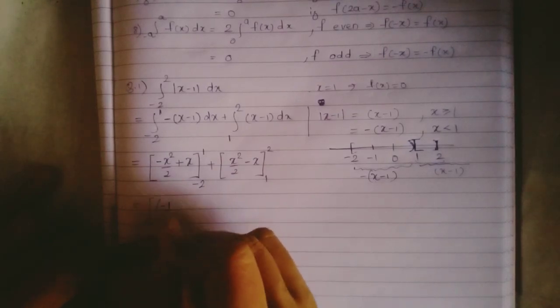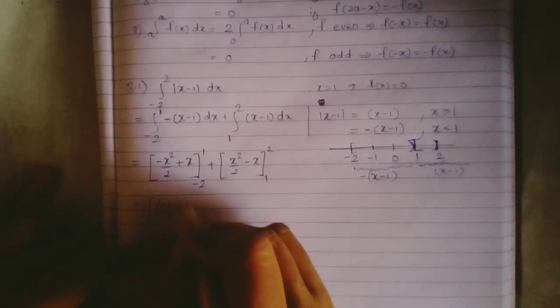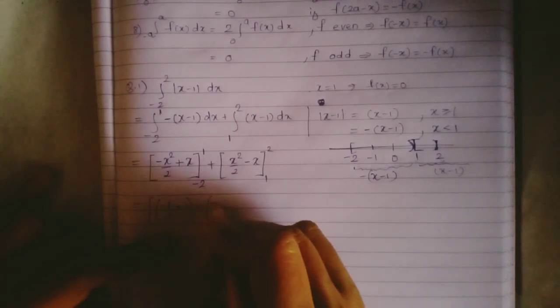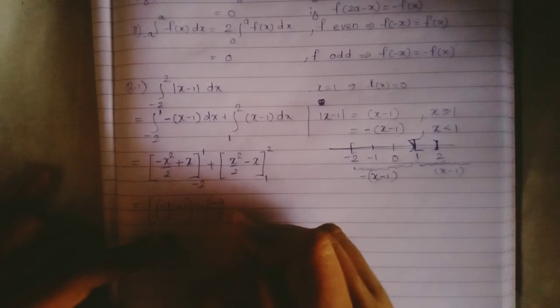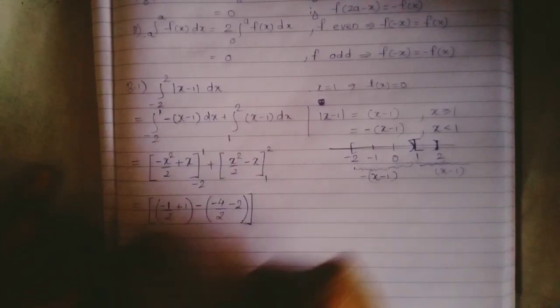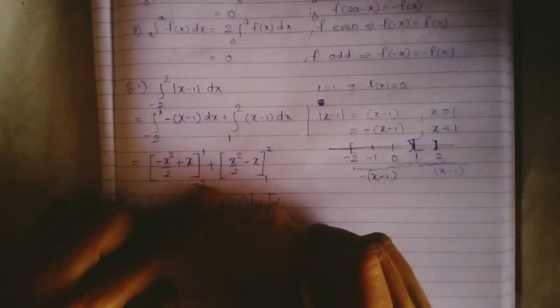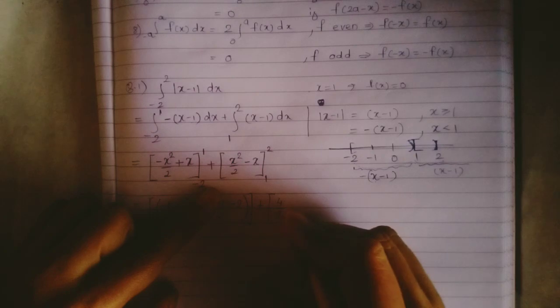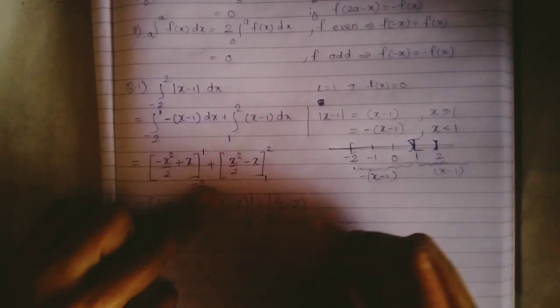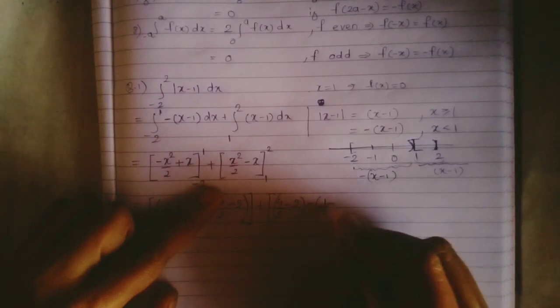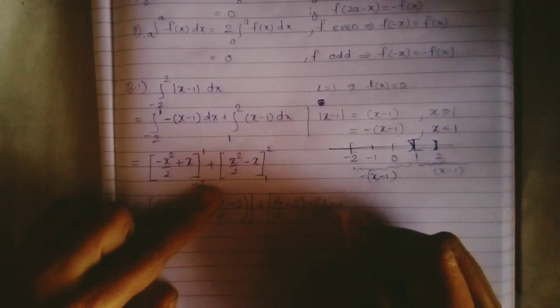So -1 by 2 plus 1, minus -2 square is 4, -2. Then in the second term you have to put 2 first, so 4 by 2 minus 2, minus 1 by 2 minus 1.